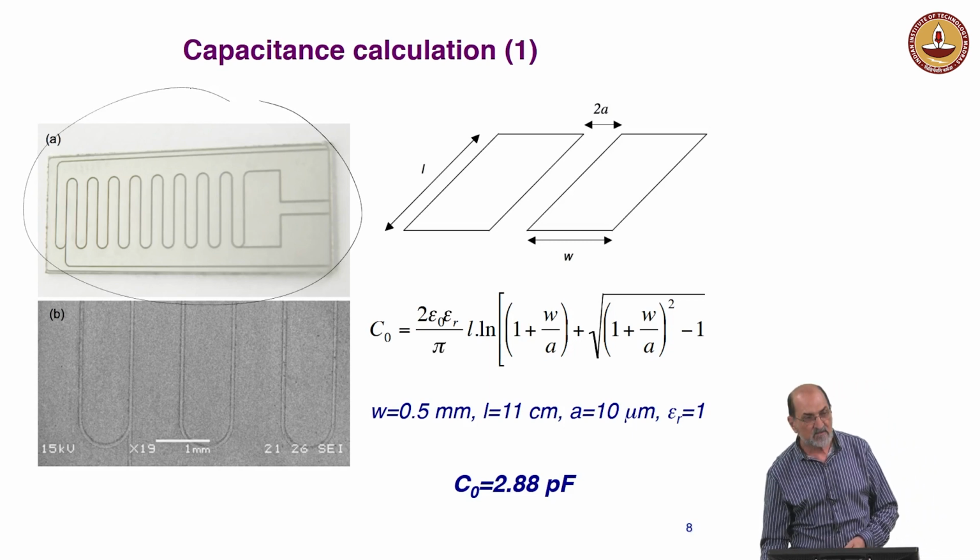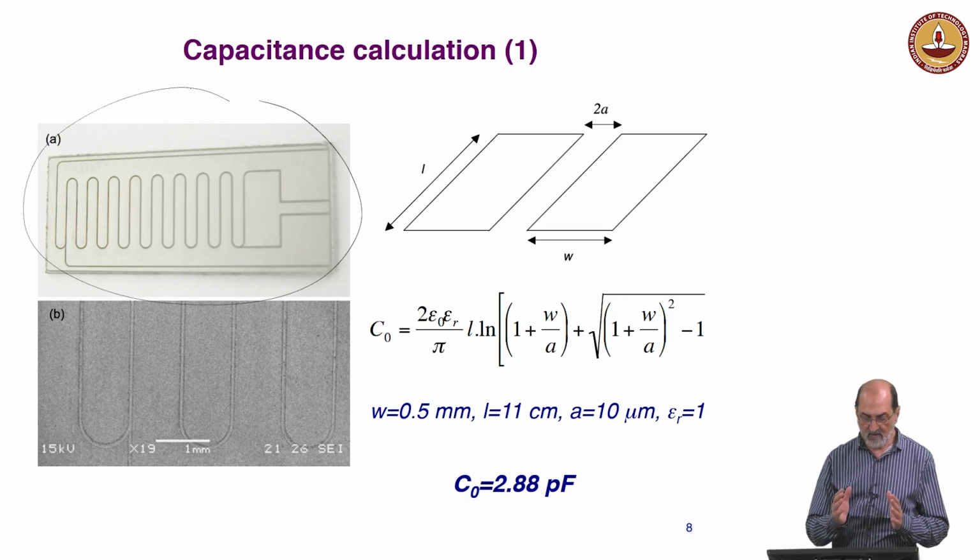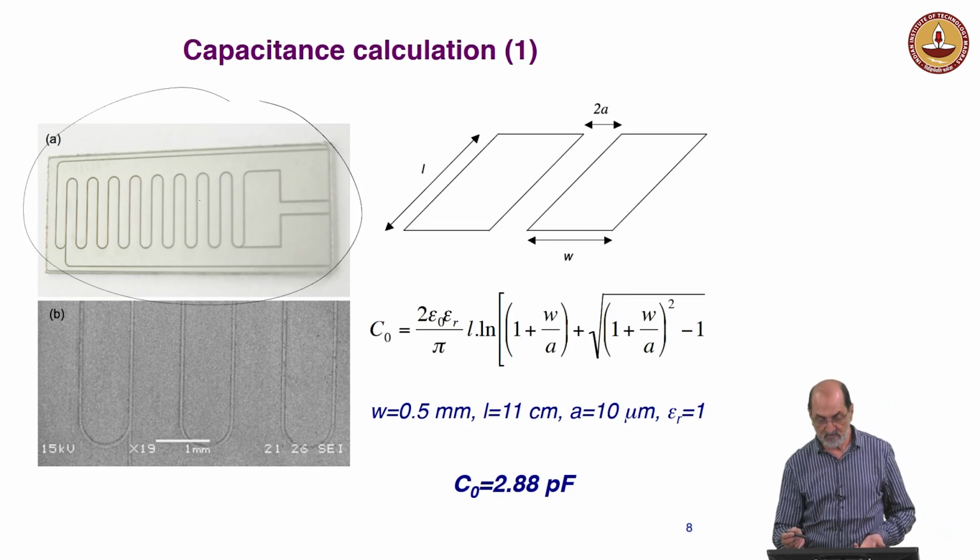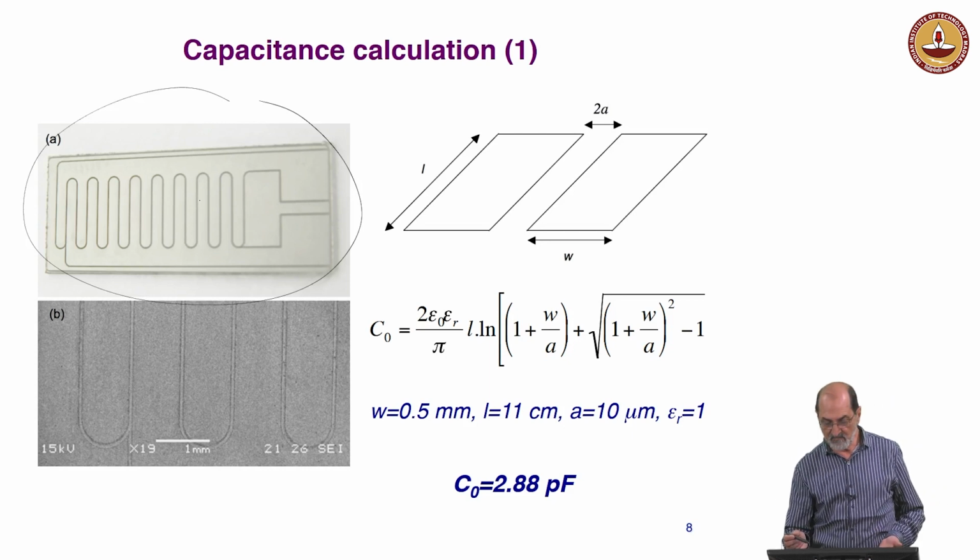The capacity is not the capacity of two confronted plates, but the plates are something like this, which corresponds to this metal and this metal. That capacitance is very difficult to calculate. It's not simple, but it can be done. And this is the formula that we can apply, where we have all the details.